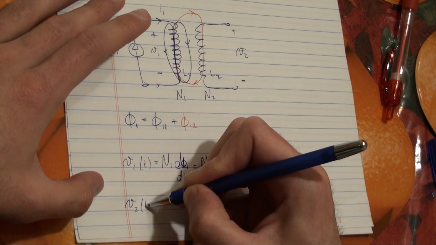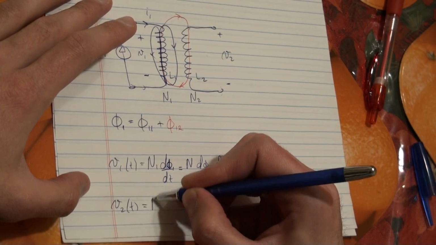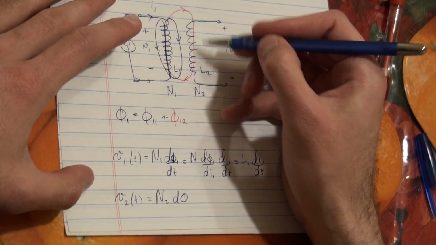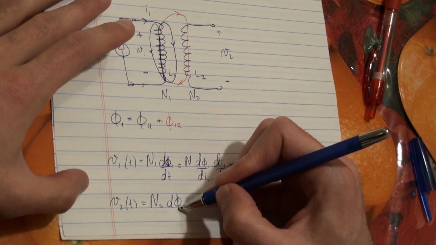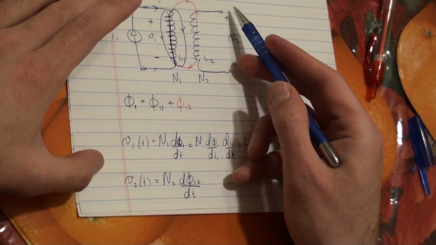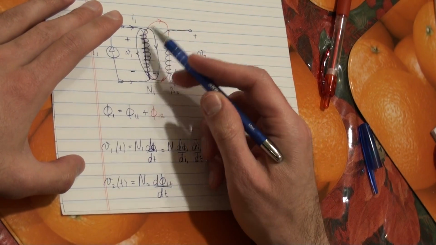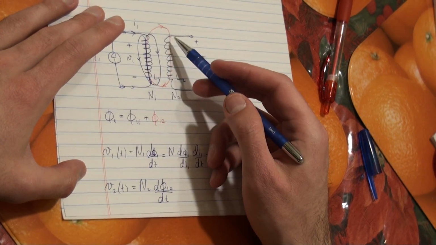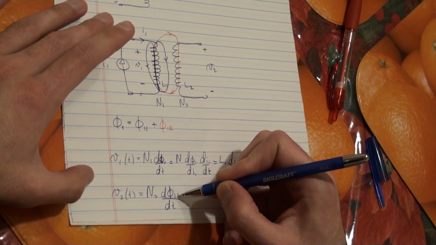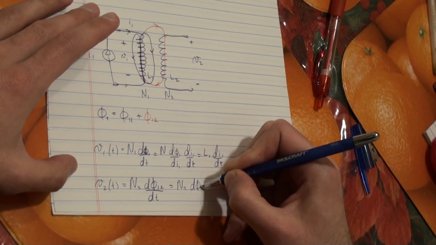Now, let's say we wanted to find the voltage at this end. V2 is going to be, well, we have N2 turns. Now, what's the flux? The flux is going to be phi12, the flux from this side. There's nothing connected here, so if we're going to get a voltage here, it has to be from the changing magnetic flux that comes from the other coil and reaches coil 2. So it's phi12. This is N2 dphi12/dt.